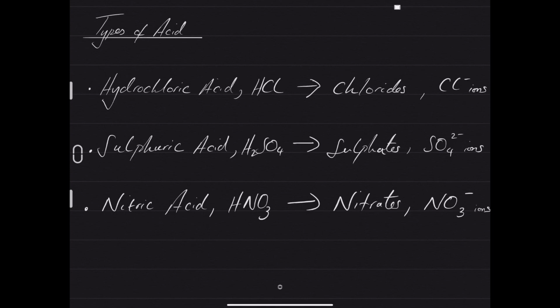And you also need to be comfortable with the chemical formula of their corresponding negative ions within the salts. Now, the reason I've included the negative ions here is because when you come to look at ionic half equations, these will be important, specifically to know when an ion is a spectator ion or not.